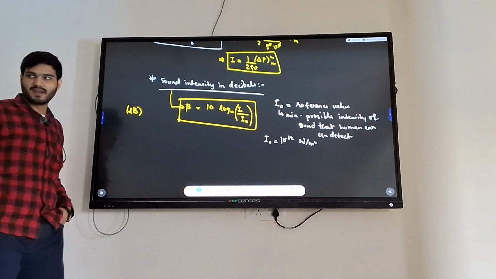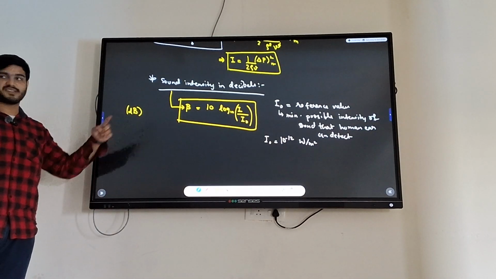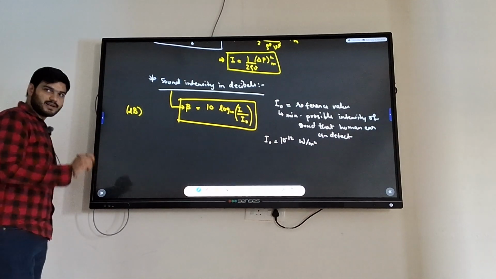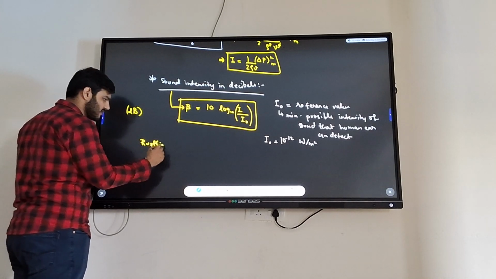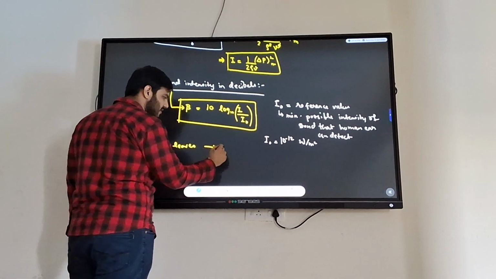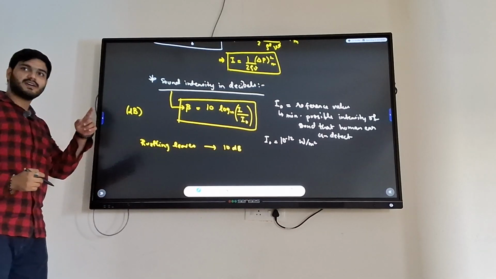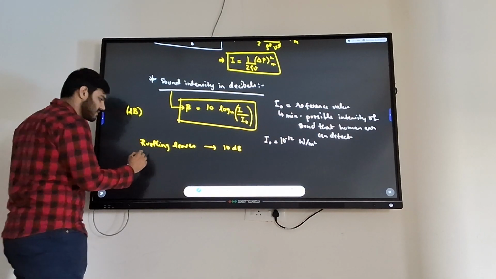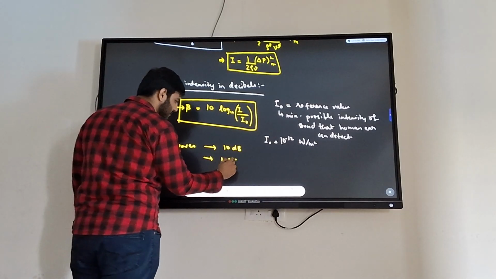Now let me give you an example so that you get a feeling of what this decibel scale is talking about. In terms of decibel scale, rustling of leaves has an intensity of around 10 decibel, and the sound of a thunder is somewhere around 110 decibel.